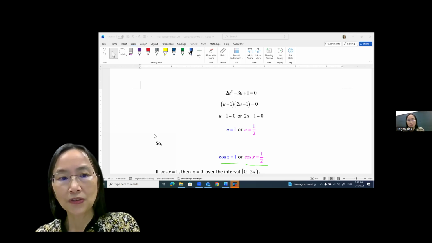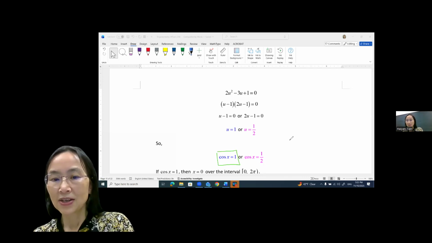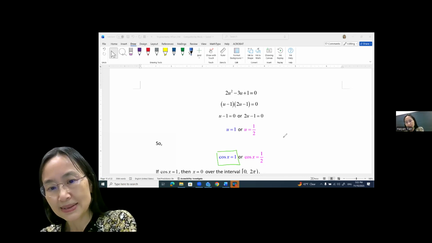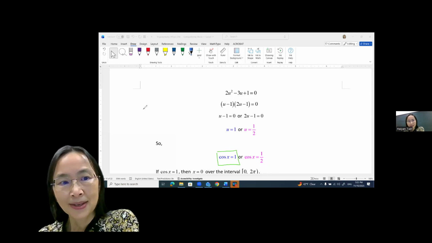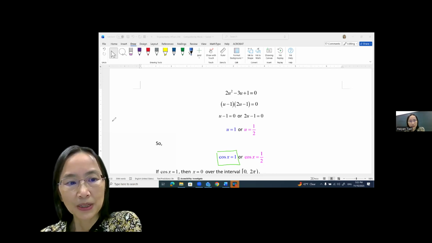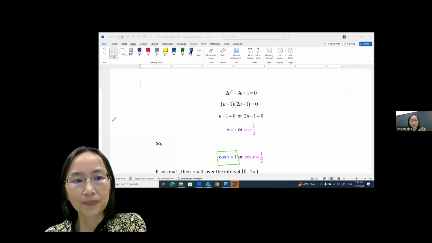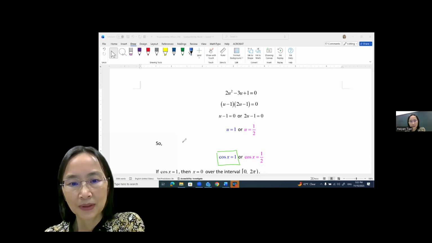Then how do we solve from here? We're not done because we have to find x. So if cosine x is 1, what is x? So let's solve the first one.